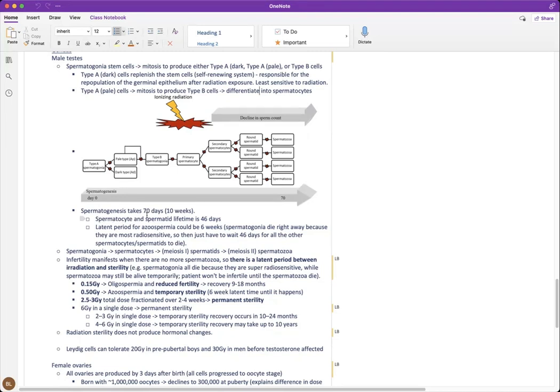Okay, and spermatocyte and spermatid lifetime is 46 days. The latent period to azoospermia could be 6 weeks. So spermatogonia die right away because they're the most radiosensitive. And then you just have to wait 46 days for all the other spermatocytes and spermatids to die.